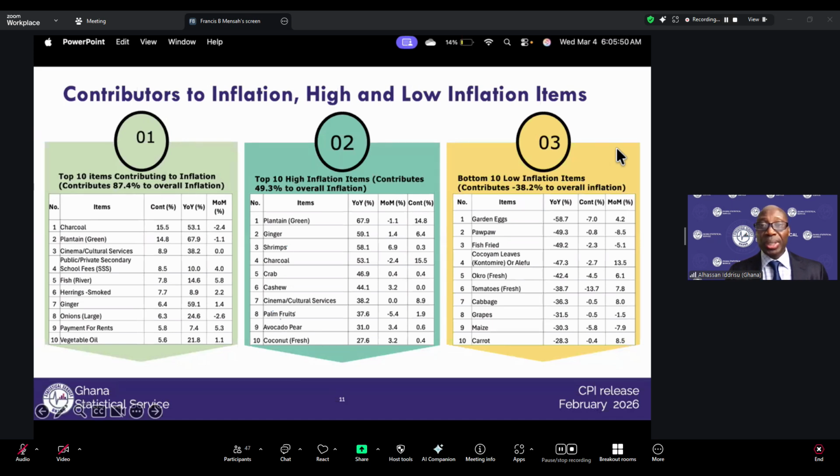And that's a very important distinction to make. Now, you can have inflation coming down, which is very positive. It means that the rate at which the general price level is increasing is coming down, which is very, very positive.